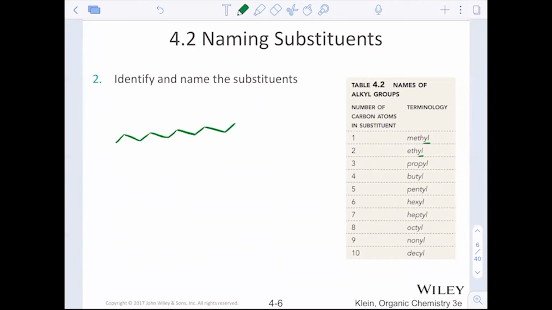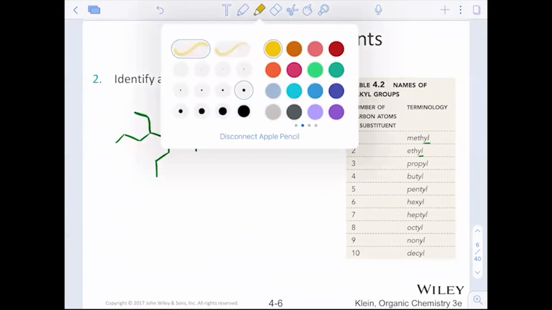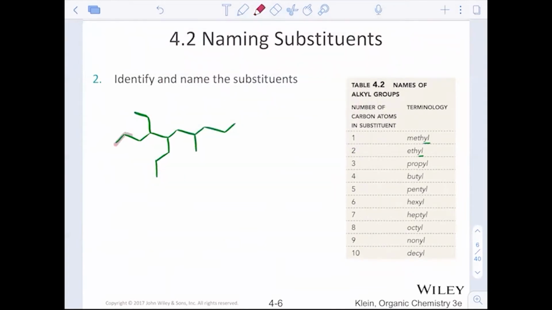Cool. And then let's just put some things off. There. All right, so let me number or highlight my parent chain. 1, 2, 3, 4, 5, 6, 7, 8, 9, 10. Parent name, decane.